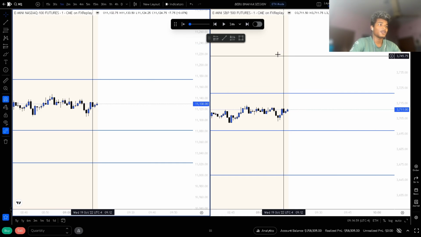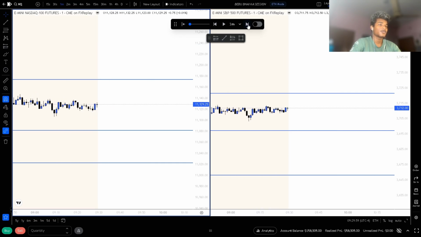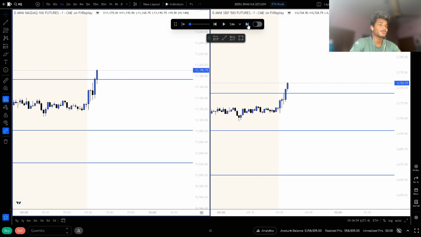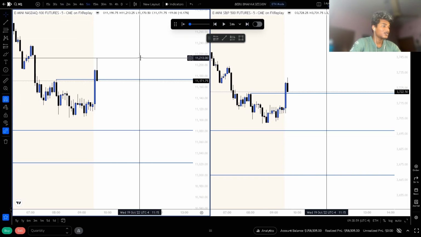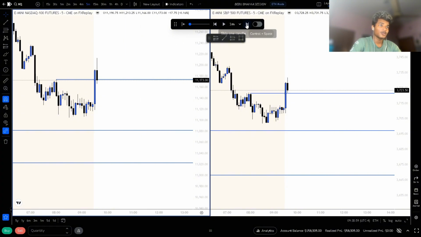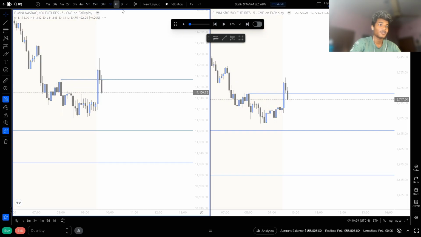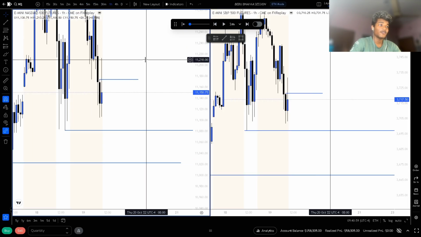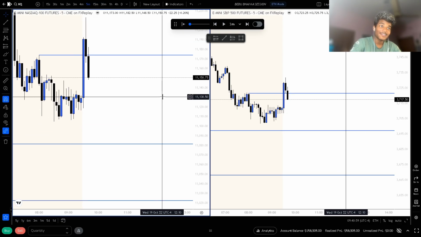Let's just see the market open now. So market open is here, market manipulated on the upside and gave a shot. So this 5 minute is the highest time frame inversion at this point of time, where we are inside this hourly gap, and I will anyway take this shot.